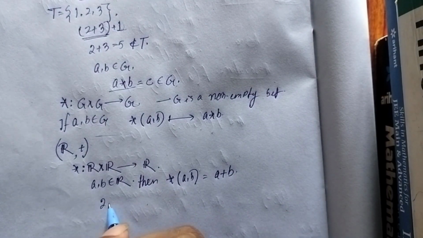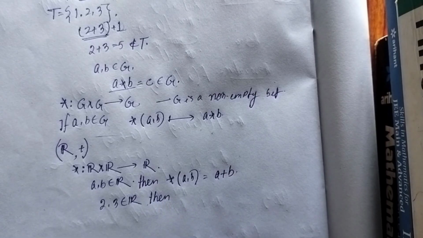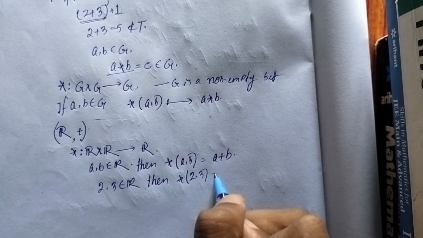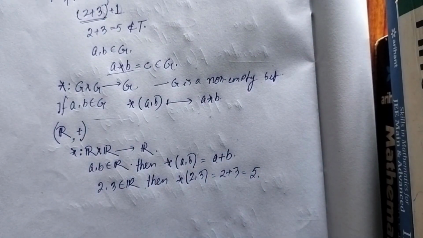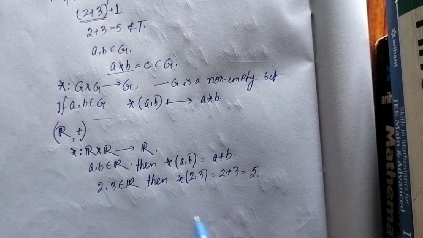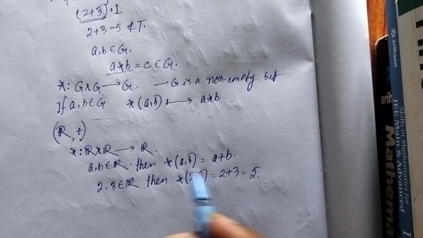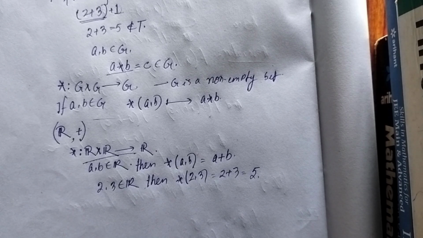Let's say 2, 3 belongs to R, then star of 2 comma 3 equals 2 plus 3, which means we end up with 5. This is what is happening for closure. If this property holds for a set, we can say this set is closed under that particular operation.